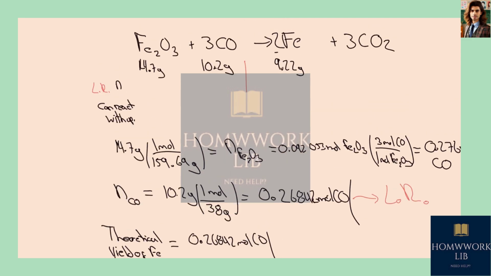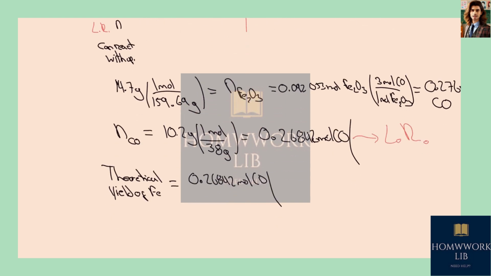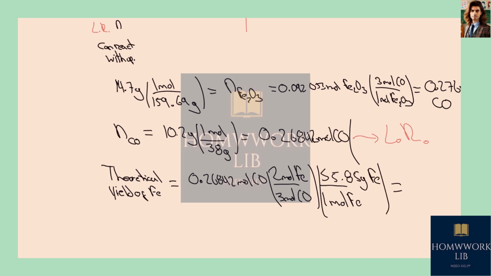We're going to employ the stoichiometric relationship that tells us that 3 mole of this compound is going to produce 2 moles of iron. And finally, we're going to employ the atomic weight of iron, which is going to be equal to 55.85 grams of iron per mole. This is going to give us a theoretical yield of 9.994 grams of iron.